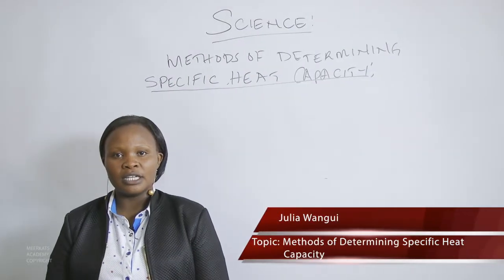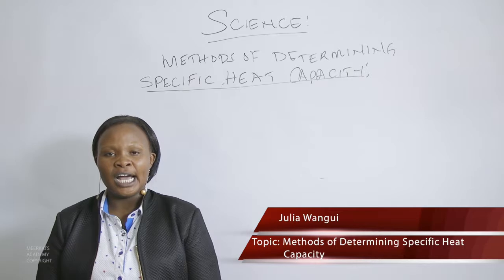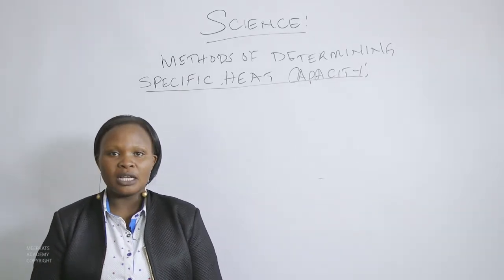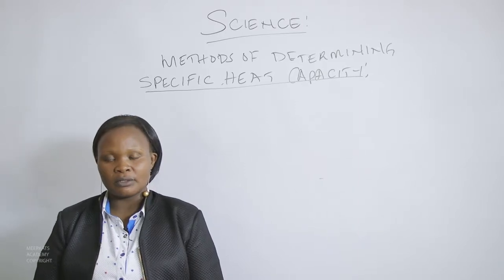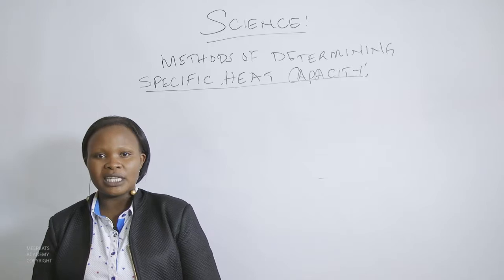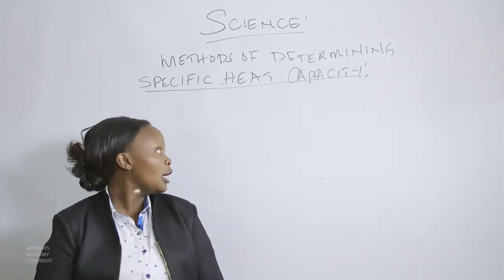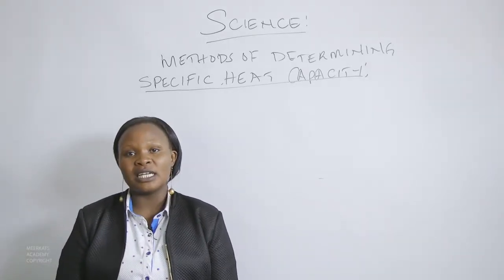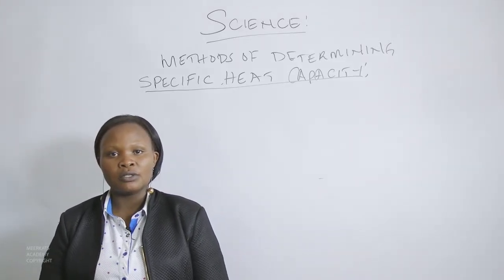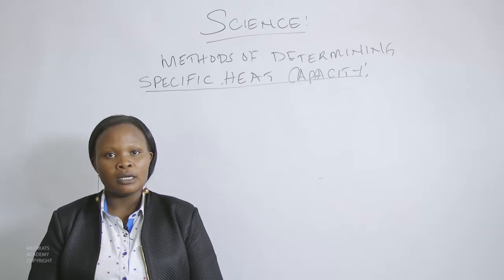We are still on heat capacity and specific heat capacity. Now, we are looking at methods of determining heat capacity, and in the morning we went as far as the electrical method, and we looked at how we can determine the specific heat capacity of solids using the electrical method.